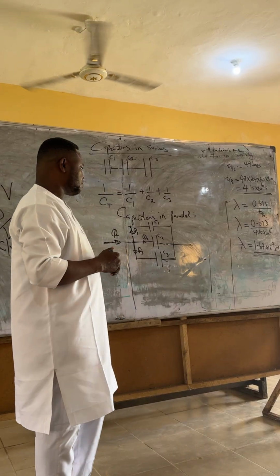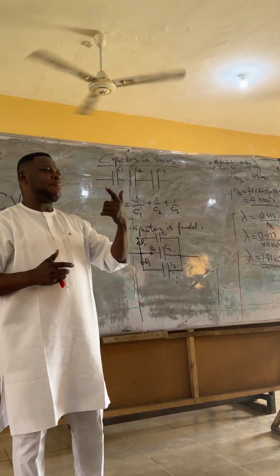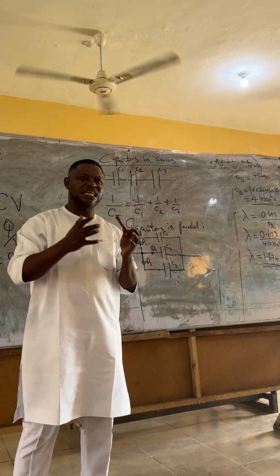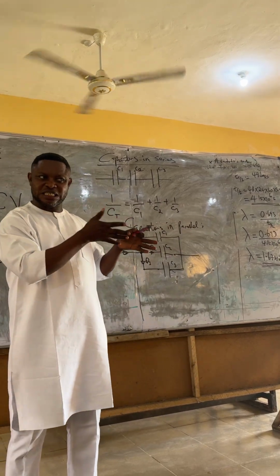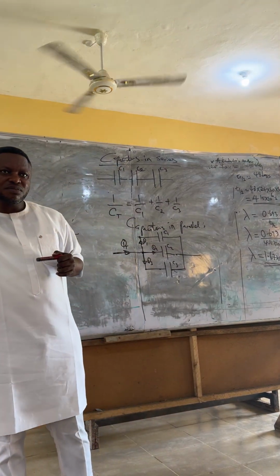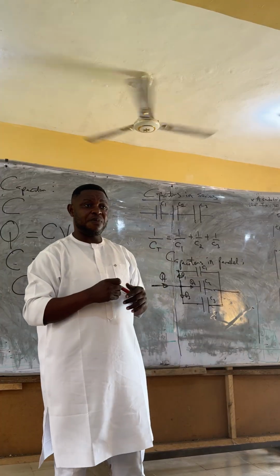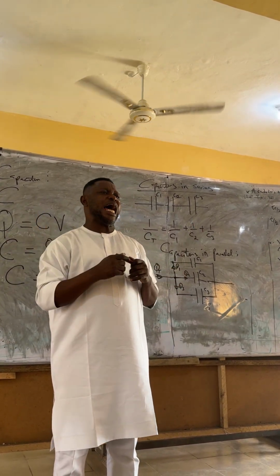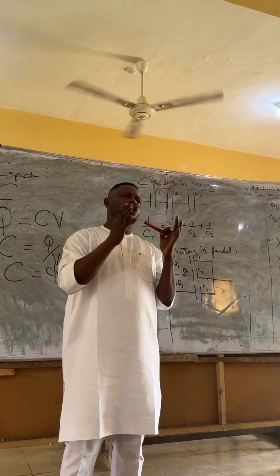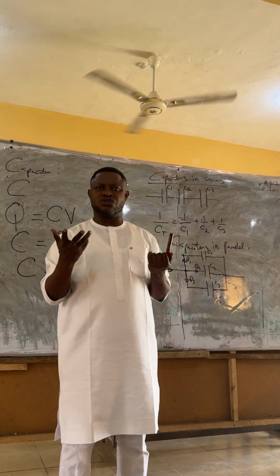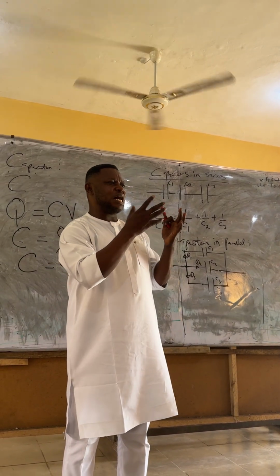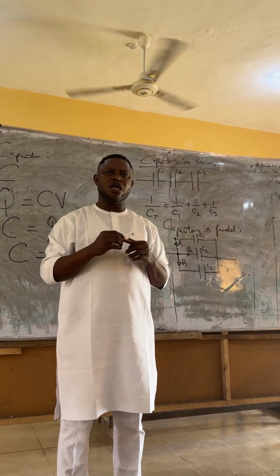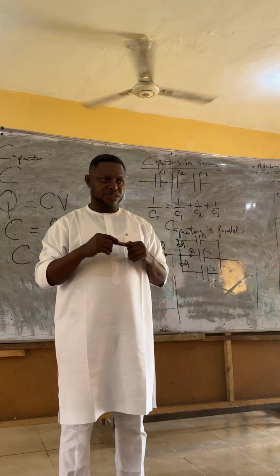Then let's ask a question. The greater the capacitance, what happens to the charge? Is it the greater the capacitance, the greater the charge stored? Or the greater the capacitance, the smaller the charge stored? The greater the capacitance, the greater the charge stored. Capacitance is just like having your GP tank in your house. You have a tank that is 500 liters and you have one that is 1,000 liters.